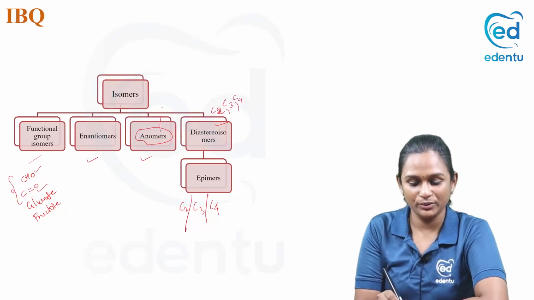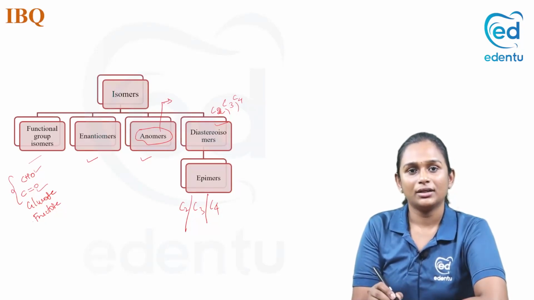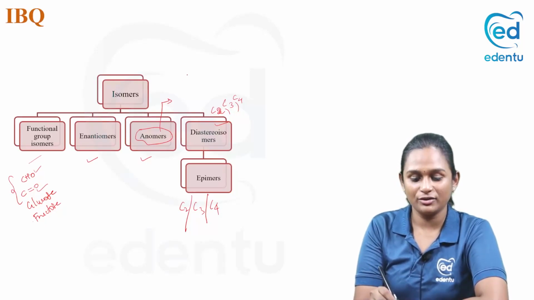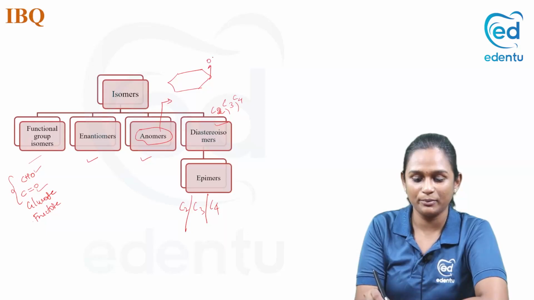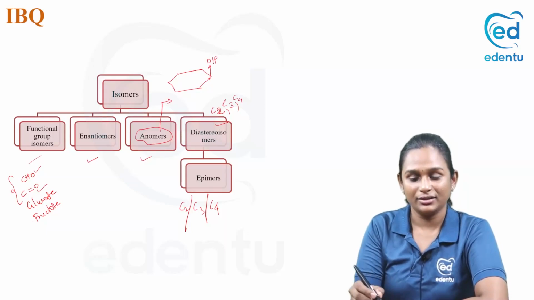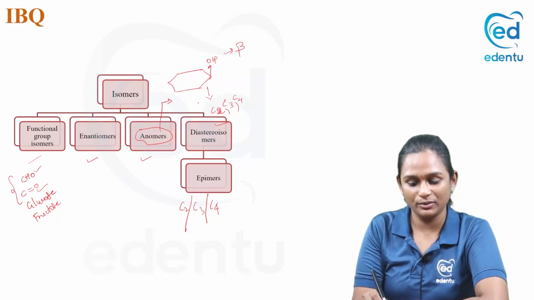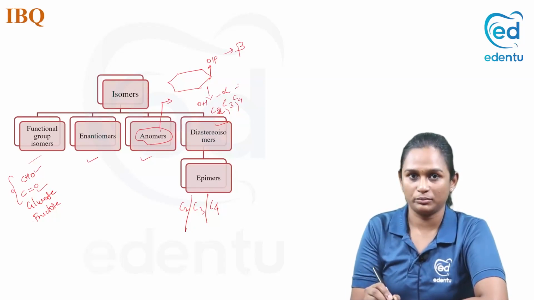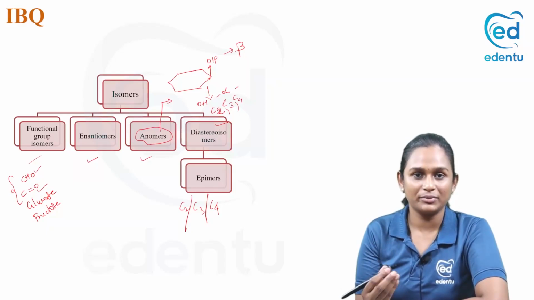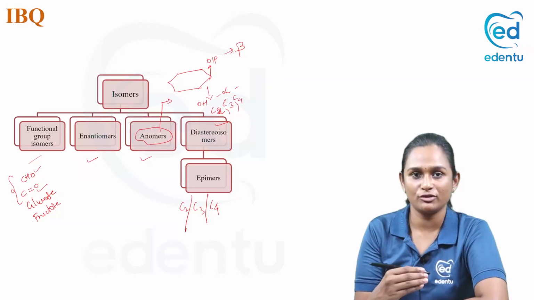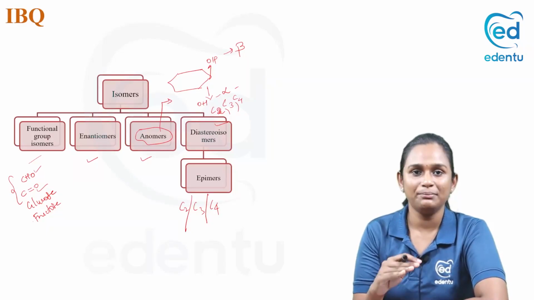The new asymmetrical carbon atom will have an orientation of the hydroxyl group. If the hydroxyl group is above the plane of the ring, that is the beta anomer. If the hydroxyl group is below the plane of the pyran ring, that becomes the alpha anomer. So we denote it as alpha or beta depending upon the orientation of the hydroxyl group with respect to the plane of the pyranose ring.